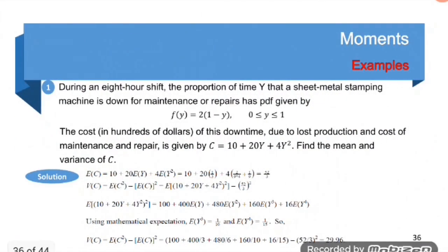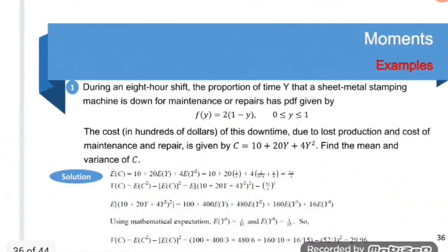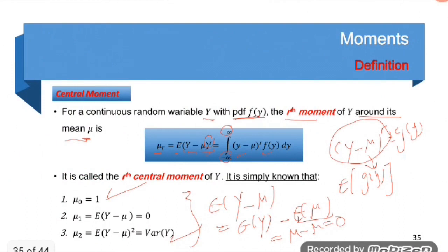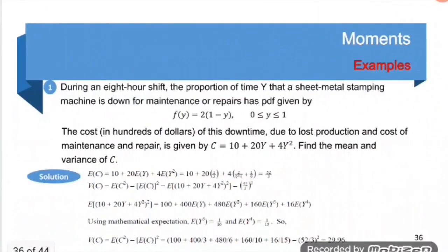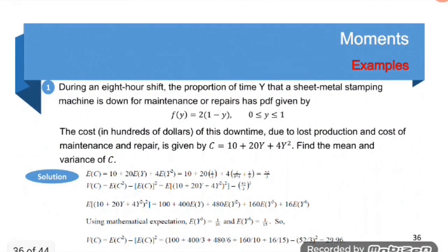Now move to answering a question to cover the moments. During an 8-hour shift, the proportion of time y that a sheet metal stamping machine is down for maintenance or repair has a PDF given by this formula.